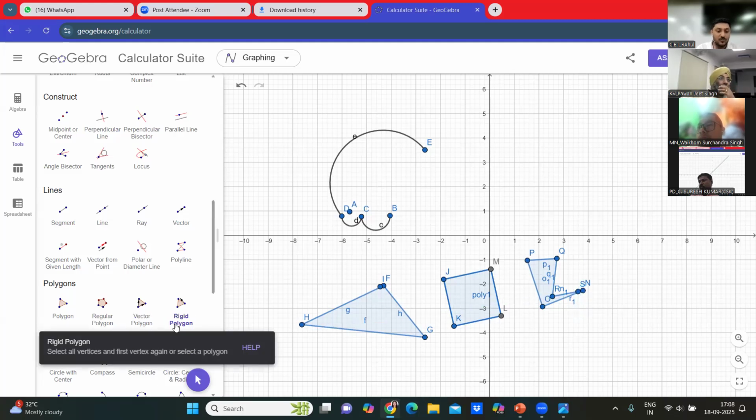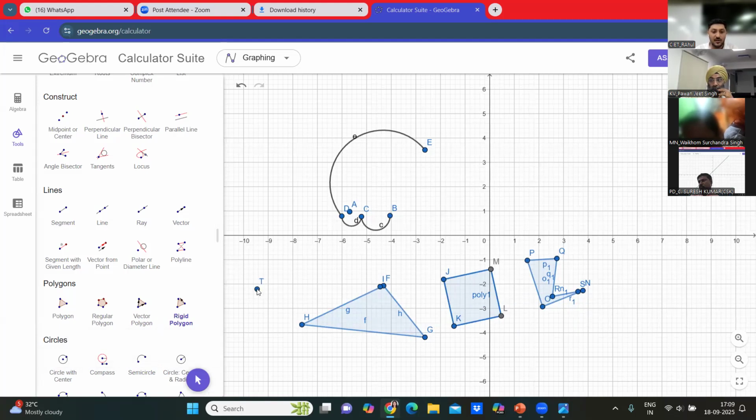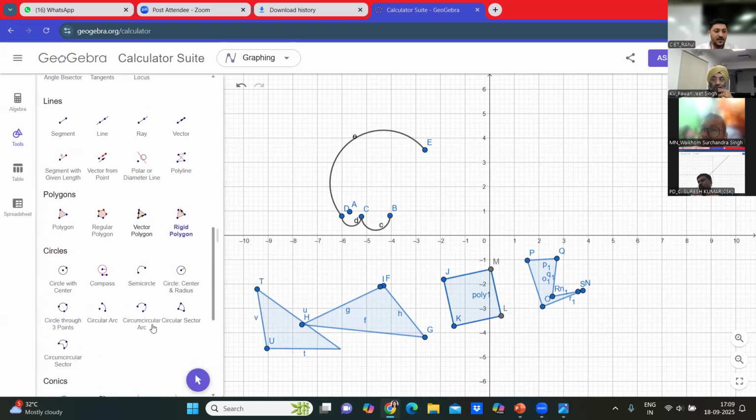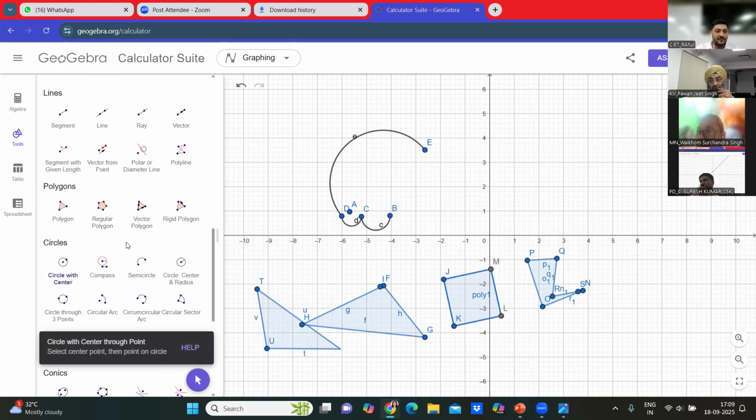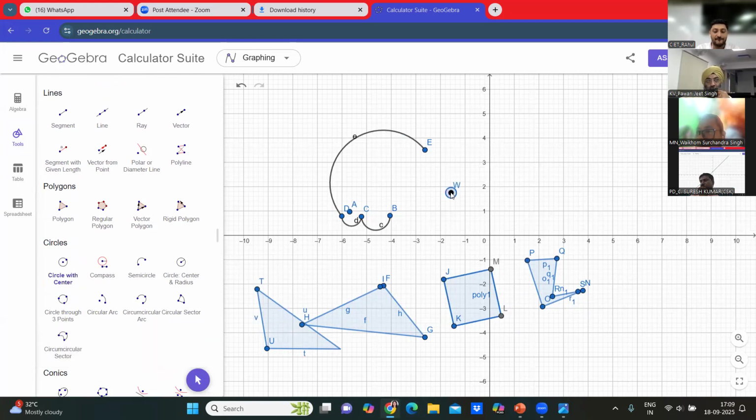If we want rigid polygons, select all vertices and the first vertex again, or a selector. This is a rigid polygon. If we want a circle with a center, click and we got a circle with center.